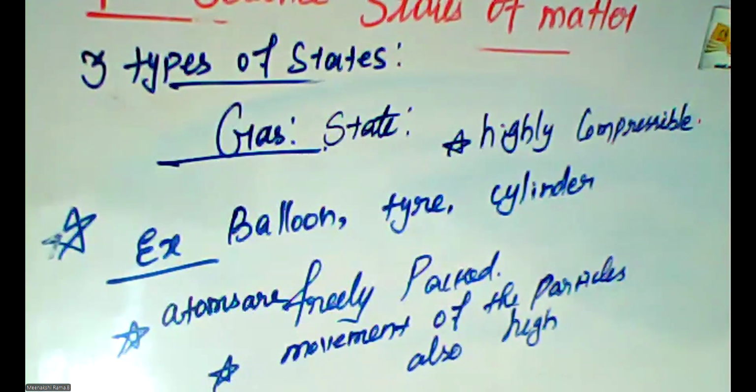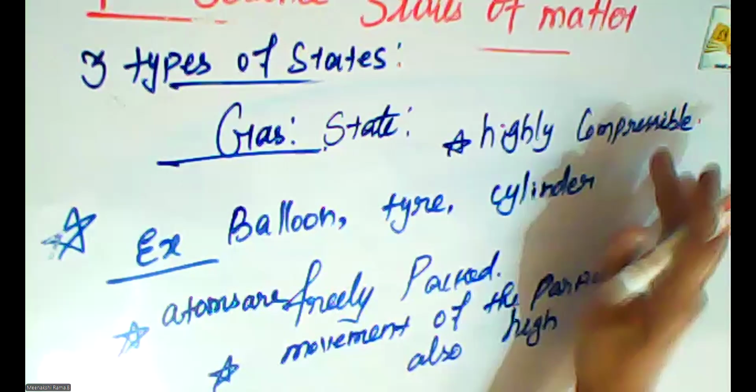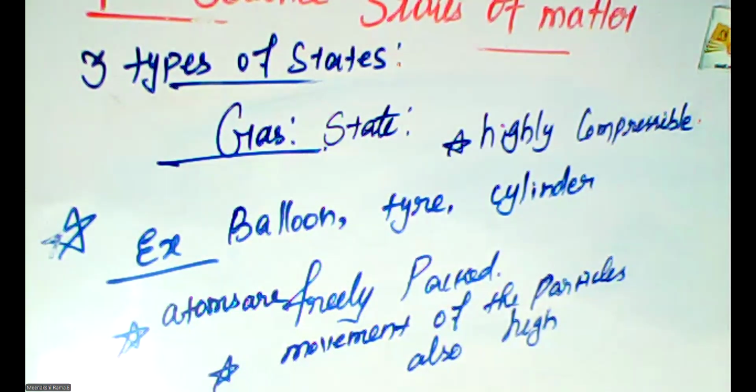In the gaseous state, the atoms are freely packed, the movement of the particles is also high, and it is highly compressible compared to solid and liquid materials. So these are the qualities of the gaseous state.